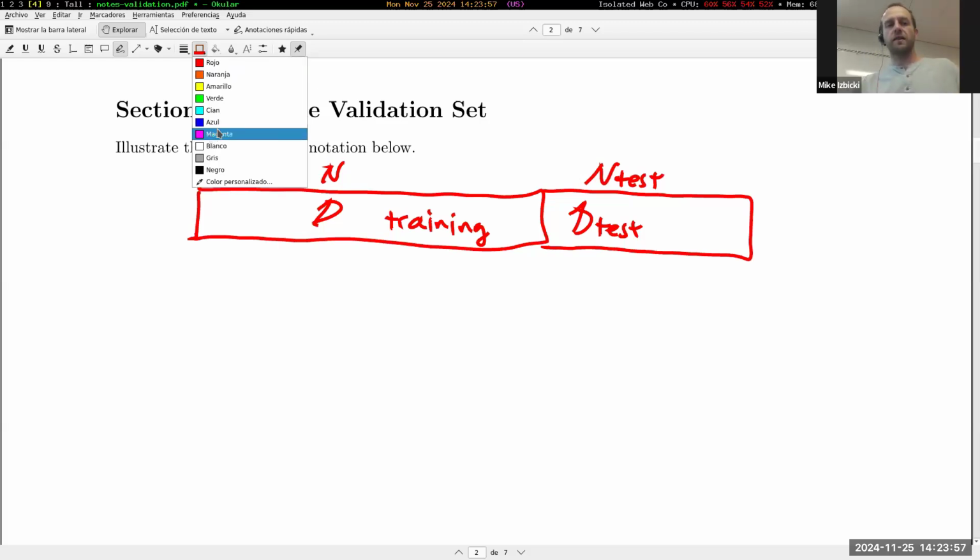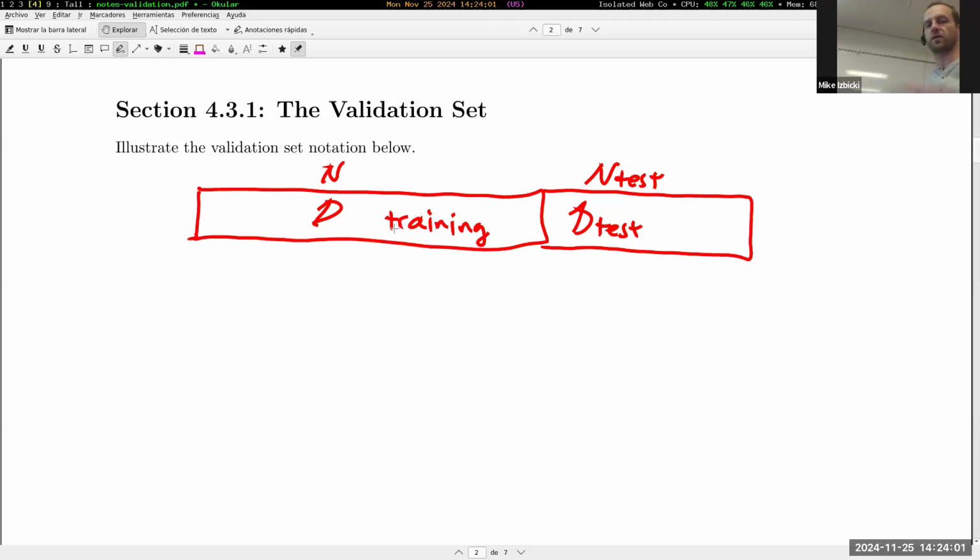The validation set is going to be a subset of our training data set. This first part of section 4.3.1 is introducing a bunch of new notation to describe this breaking up of our training data set into 2 parts. I'll draw it down here, but this stuff in blue is just a breaking down of the stuff in red up above.